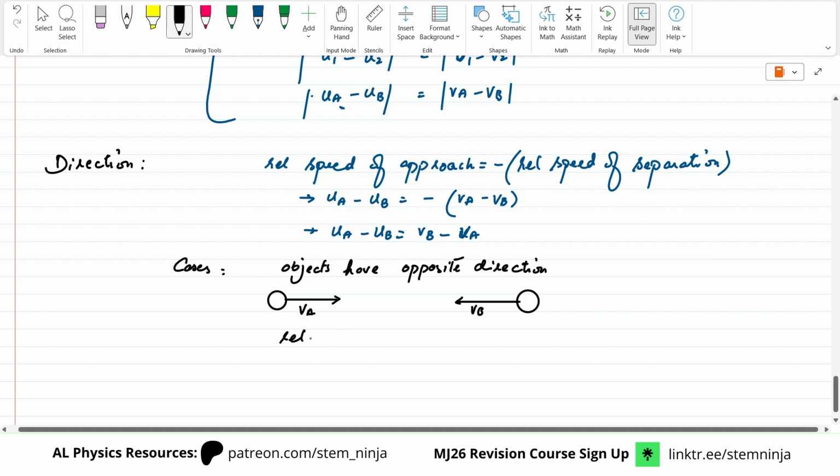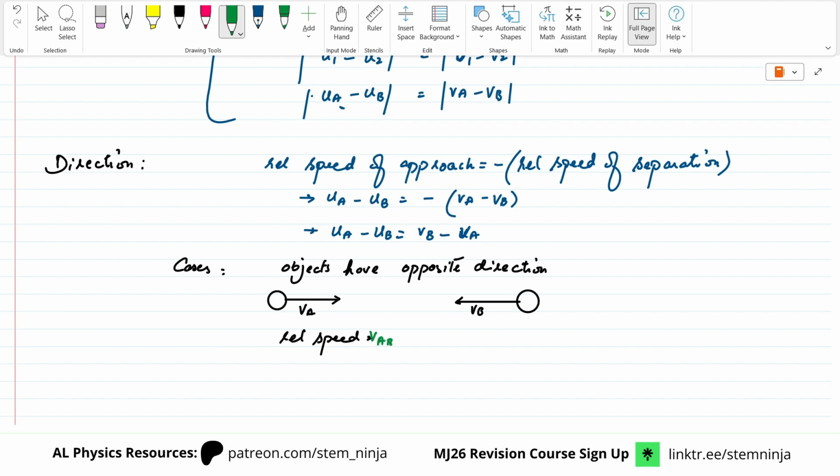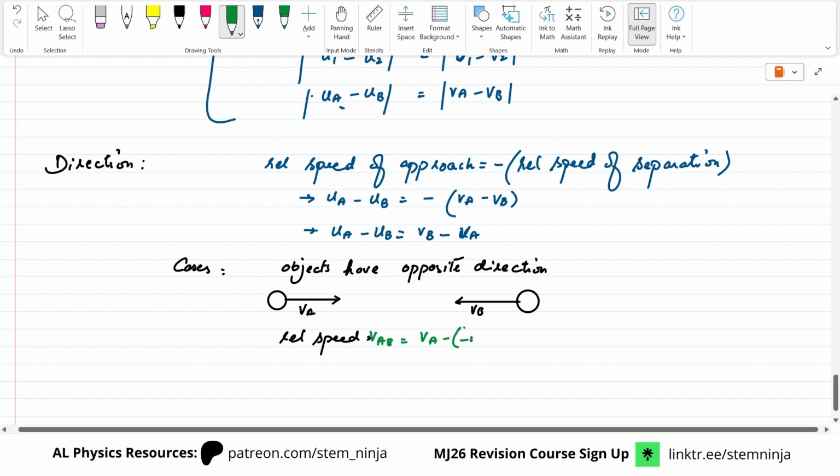So relative speed from one perspective, VAB for example, is going to be VA minus VB because they are colliding head on.